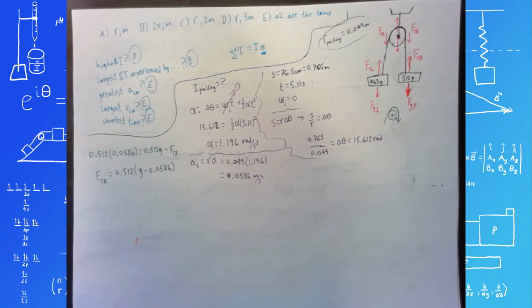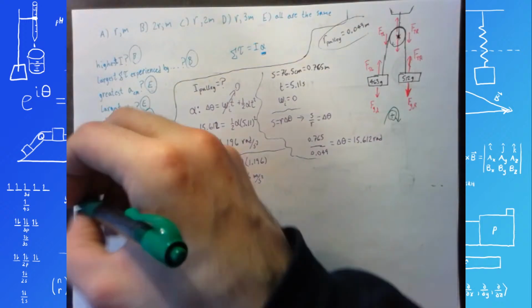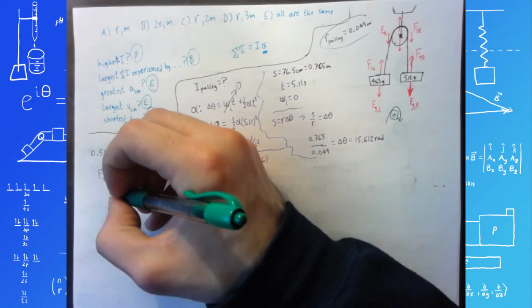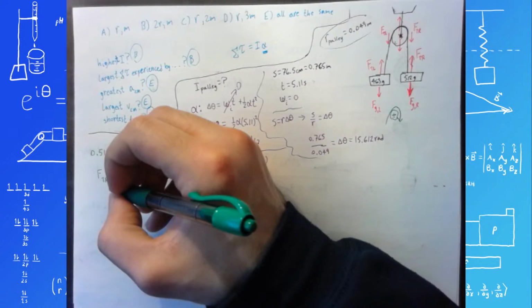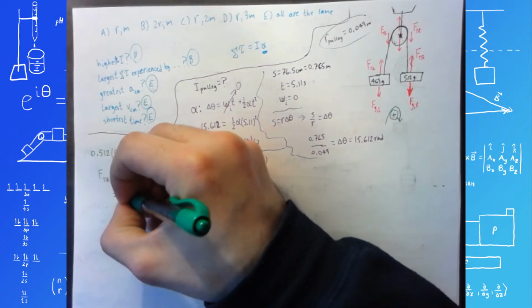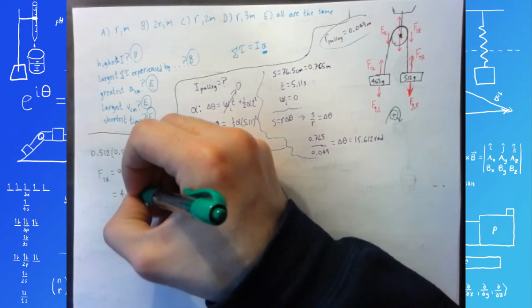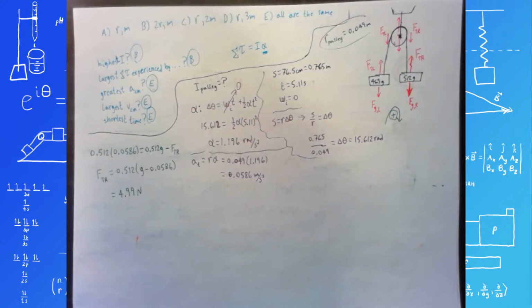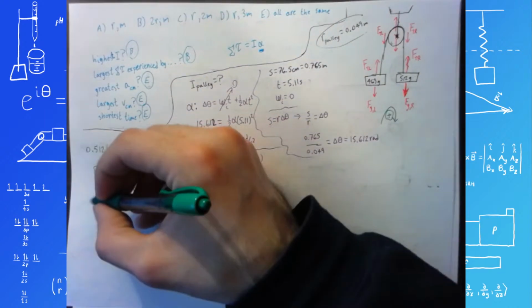I'm going to round that to 4.99. I wonder if that's even going to be enough decimals. We'll go with it for now, 4.99 newtons, and hope that that's enough decimal places to see a difference between it and force of tension left.